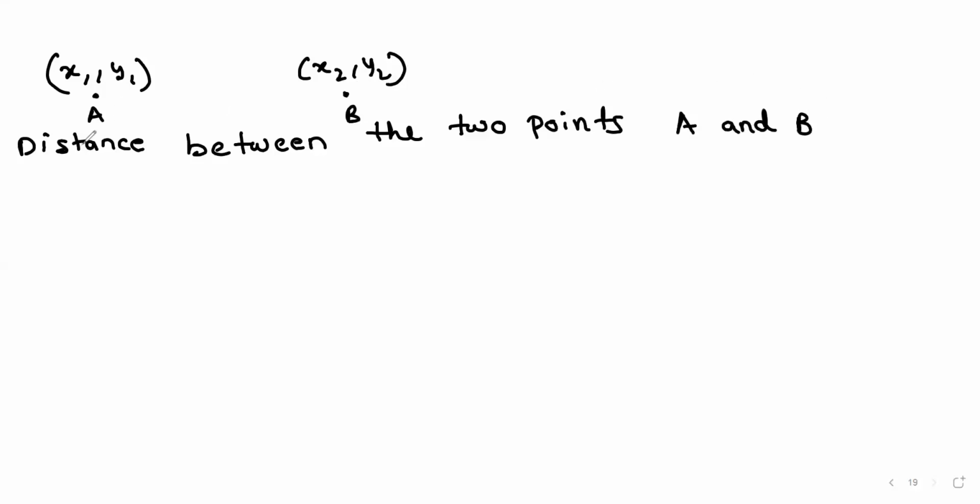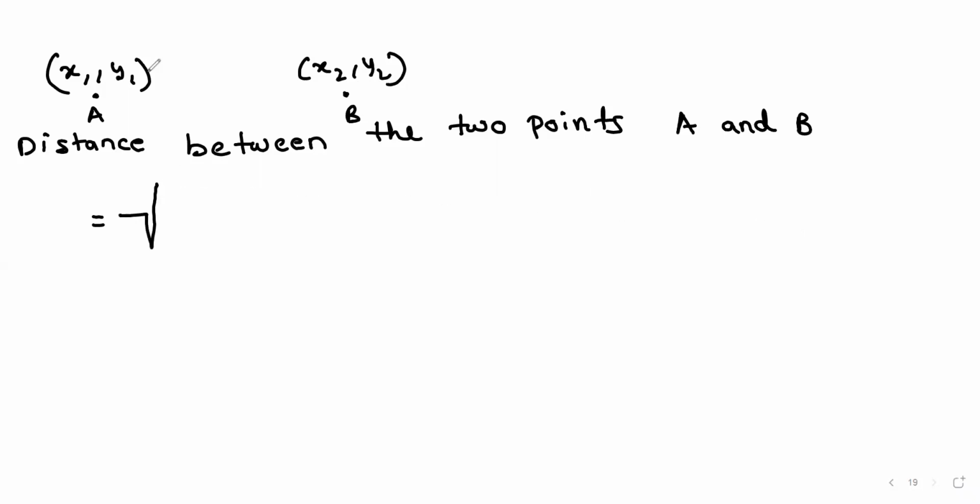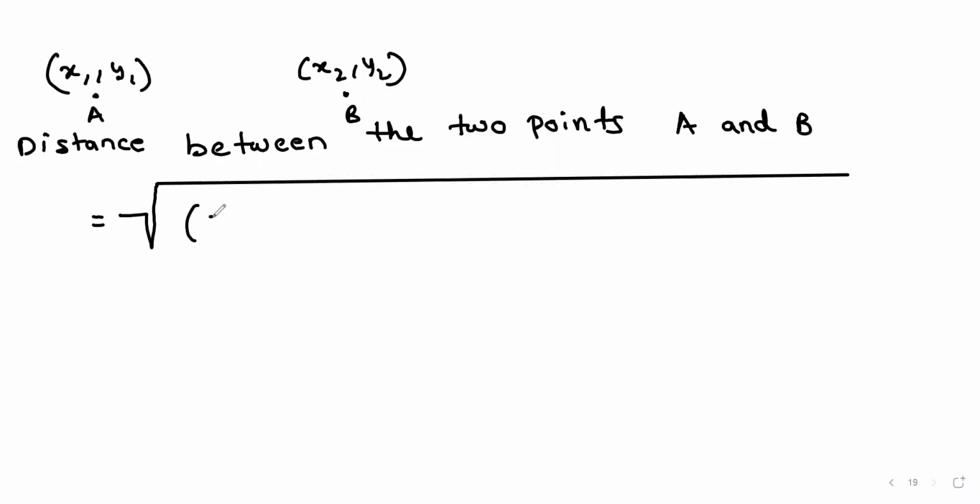The distance between these 2 points is root of x2 minus x1 whole square plus y2 minus y1 whole square. Clear?